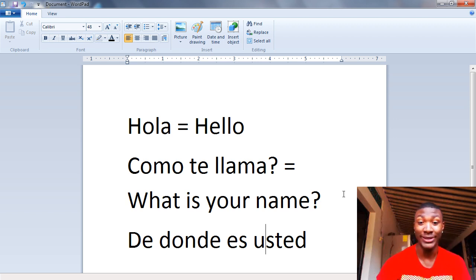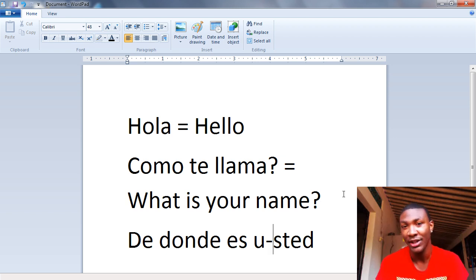For example, usted, which means you. U is you in Spanish, that's how it sounds, and sted. So, usted. ¿De dónde es usted? It's where are you from?